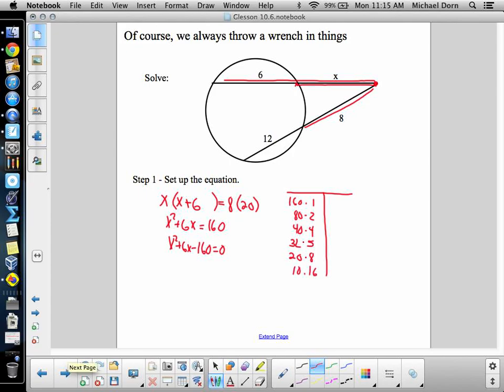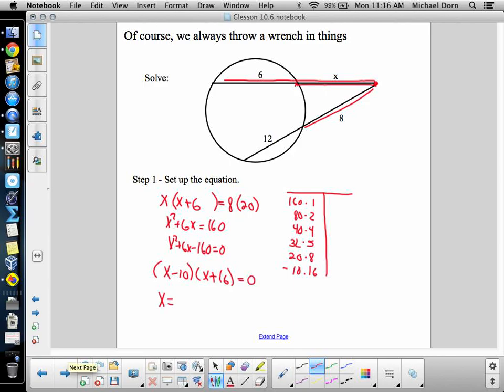Any of those going to give me a 6? The 10 and 16 are, aren't they? Which one has to be the negative one, the 10 or the 16? The 10 does, because the sum has to be positive. This is going to be X minus 10, X plus 16 equals 0.